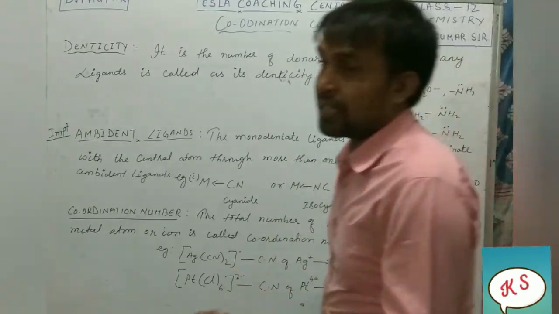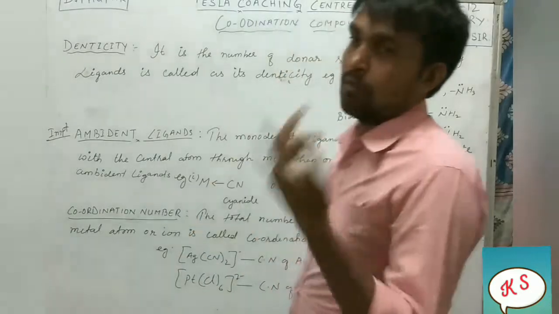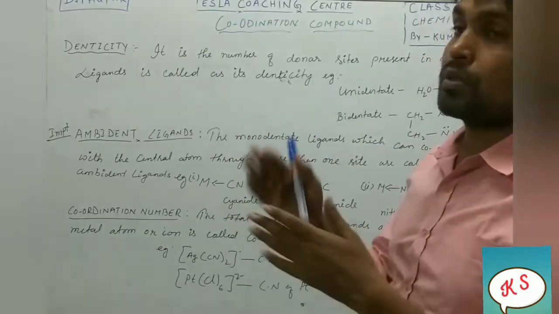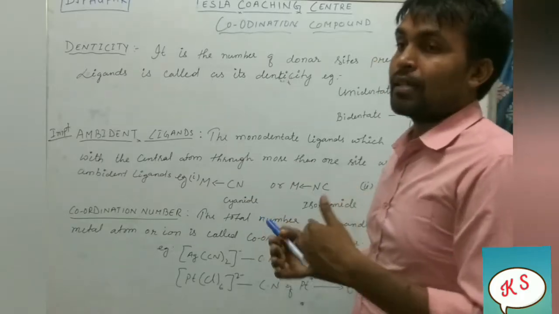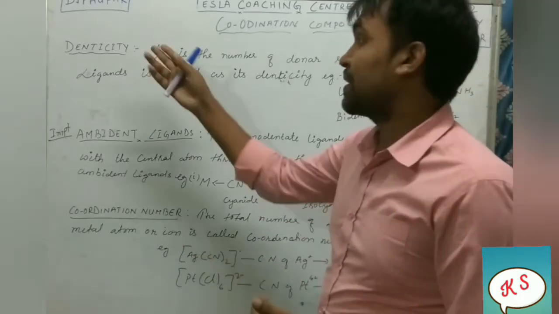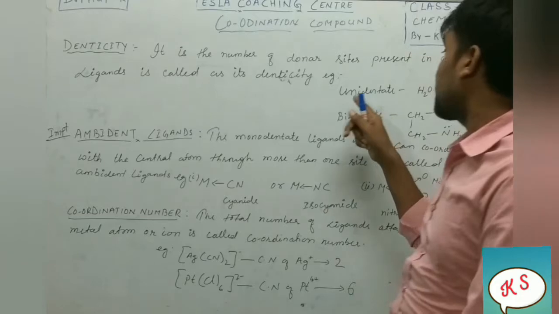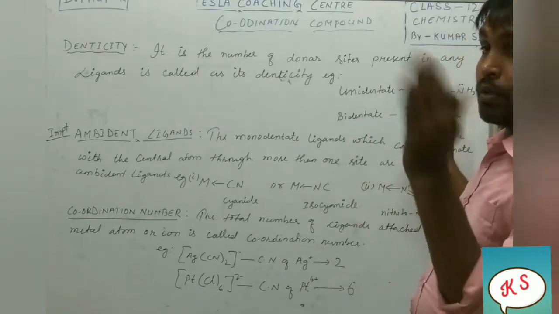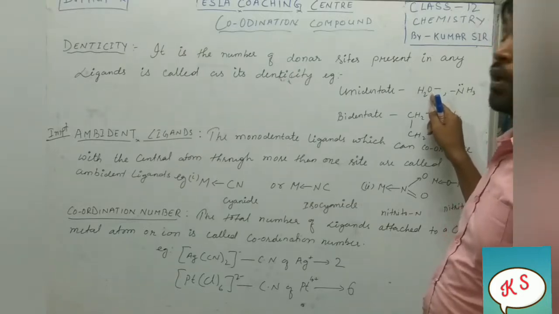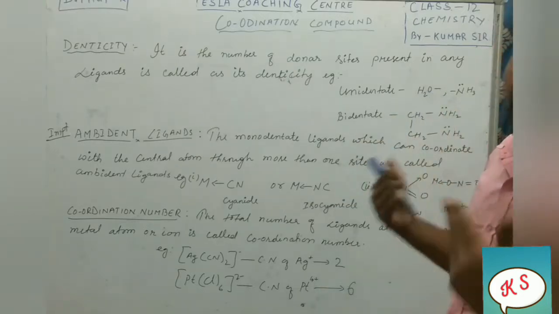So in a unidentate ligand, what will the denticity be? 1, because the number of donor sites is only 1. In bidentate ligands, what will the denticity be? 2. For example, you can see here unidentate H2O. It can only donate through O, oxygen, so the denticity is 1.